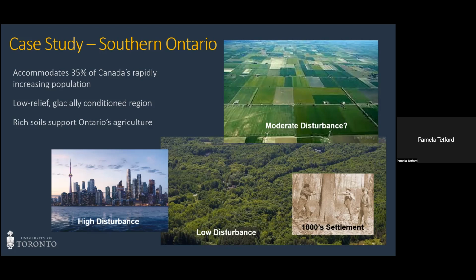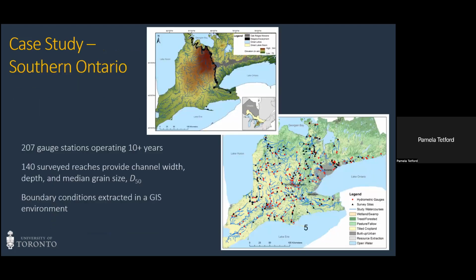And it's a glacially conditioned region, which impacts the superficial geology. Our glacial history has left a thick deposit of sediments that have encouraged some fertile soils in many areas. So these soils support Ontario's agricultural development.